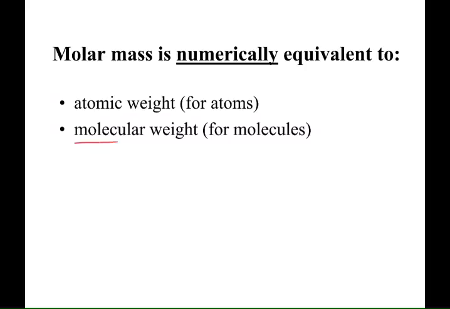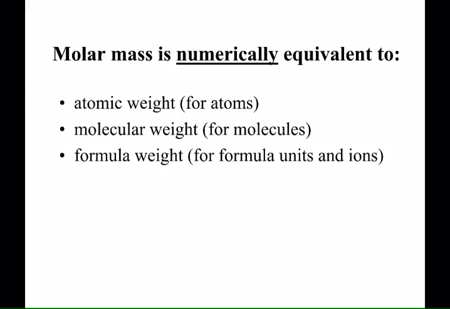When you calculated the molecular weight, that is also the molar mass for that compound. We said if it's an ionic compound, instead of a molecular weight, we calculate a formula weight. If you calculate a formula weight, that is the molar mass for that ionic compound. Okay? Molar mass, the mass you need to set aside to get 1 mole of those formula units.